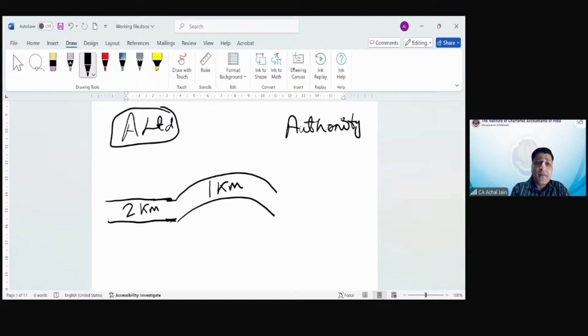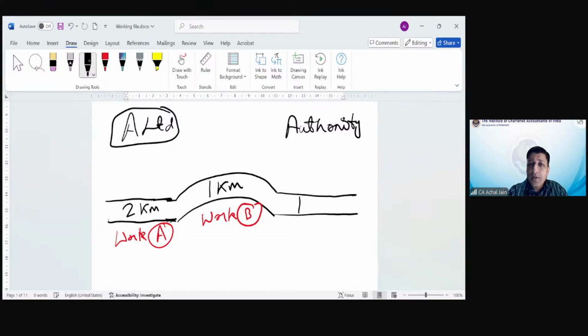So the construction of the road, let me call it work A or contract A. Means this is the first work. Let's suppose the flyover is work B. And after the flyover, another stretch of road of 1 kilometer is required to be constructed. Let me call this work 3, or work C.